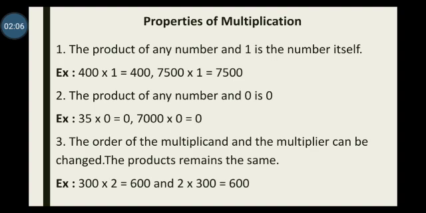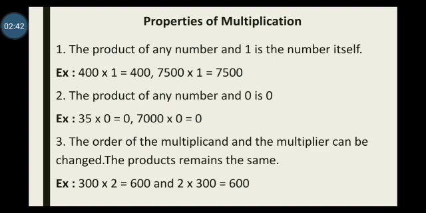The third property: the order of the multiplicand and the multiplier can be changed. The product will remain the same. It means if you multiply 300 by 2, as I taught you in yesterday's class, you will write 2 zeros and multiply 3 by 2, you will get 600. If I change the order, I make the multiplier 2 the multiplicand, and 300 the multiplier.